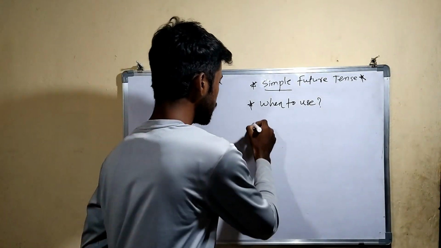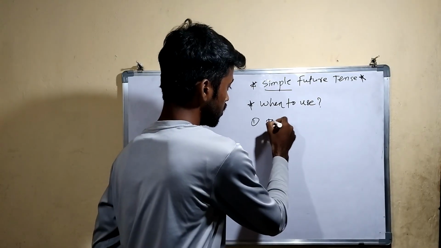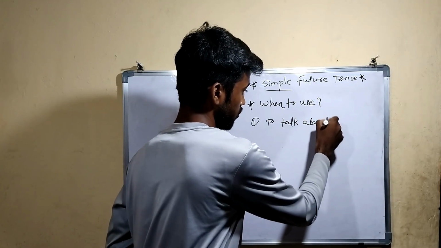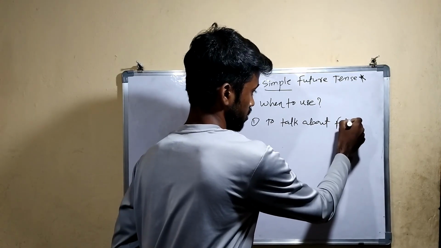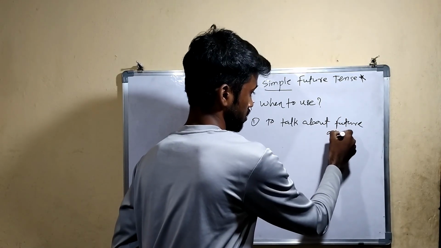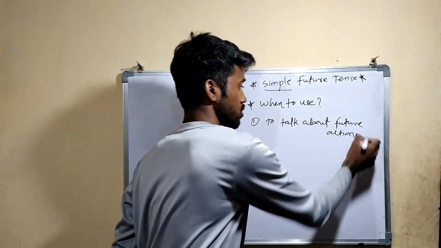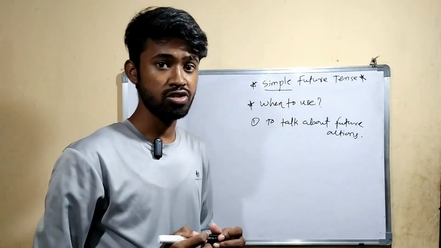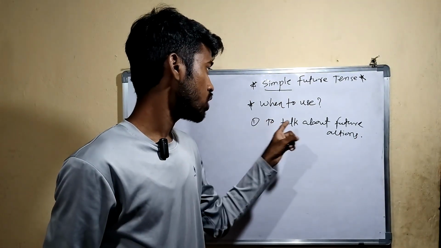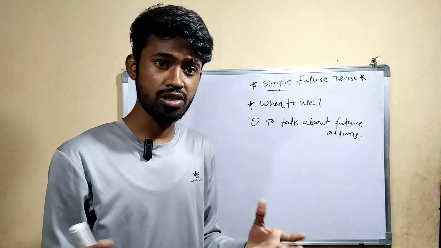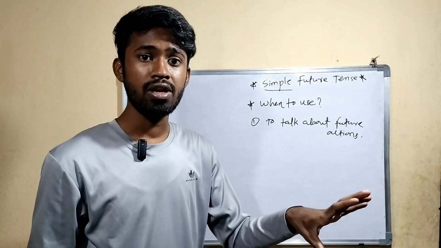First, to talk about future actions. In the name itself, future is there, right? Simple future tense. So definitely it is going to be used to talk about future actions, whatever actions are going to happen in the future.